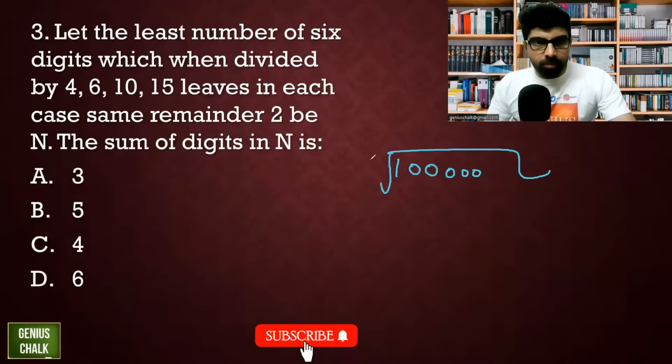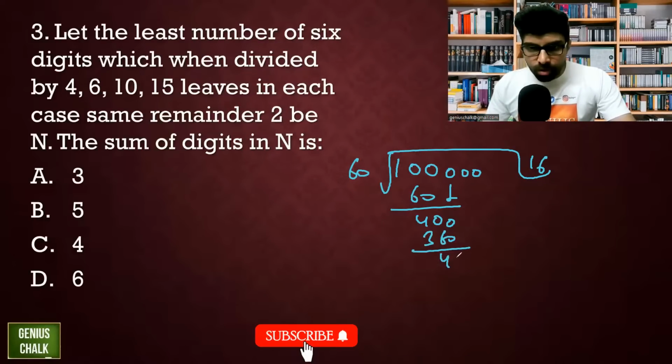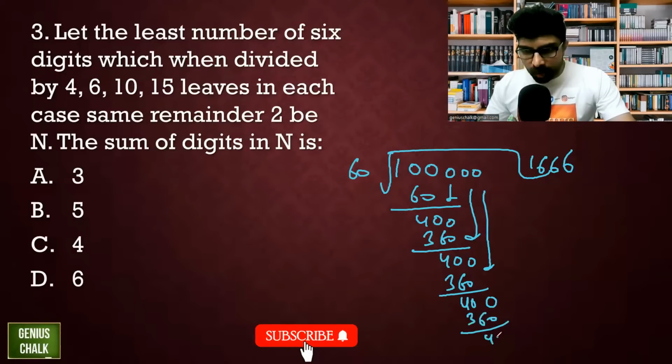If you check by dividing 100000 by 60, 60 1s are 60, 4 0 0, 60 6s are 360, that is again 40.